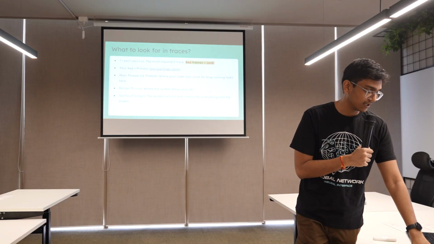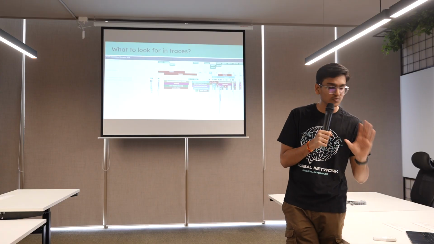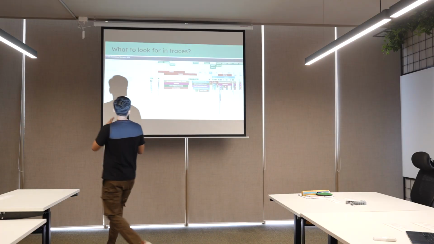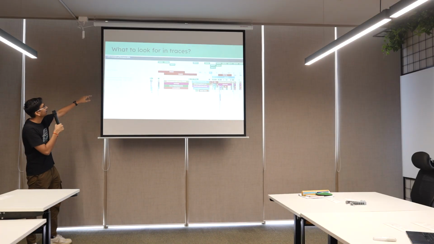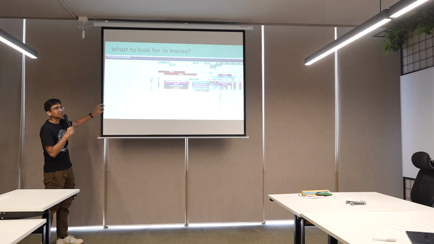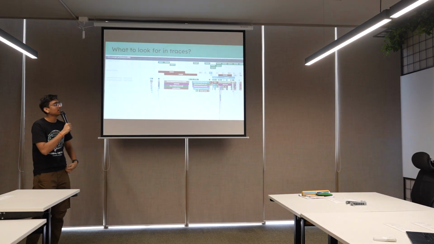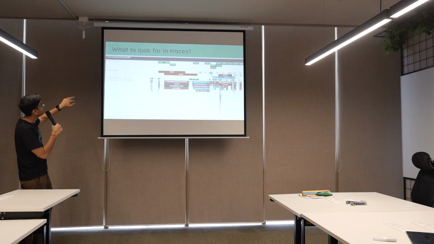you can get updates here, or you can see how it looks. So for example, this is a simple trace. This is the Perfetto UI, and this is our application's main thread. At the top there is an expected timeline, and below it there is an actual timeline.